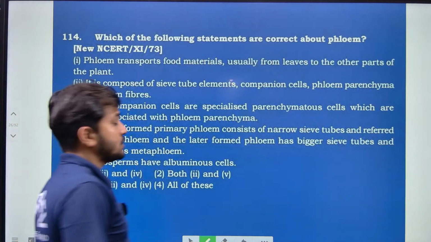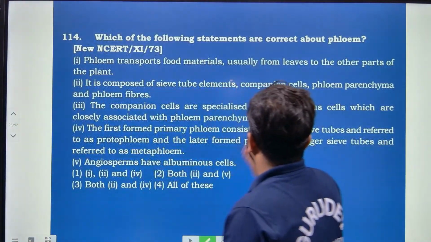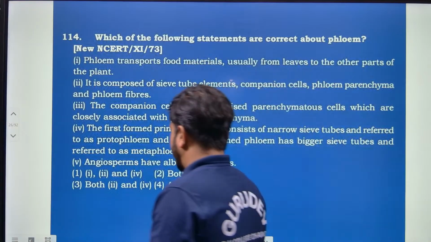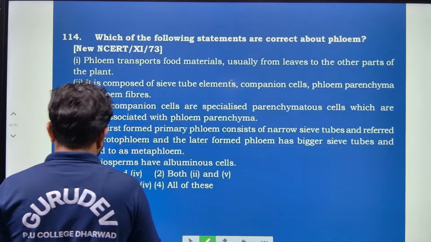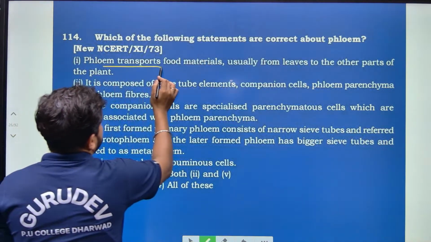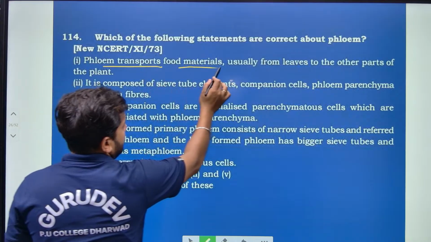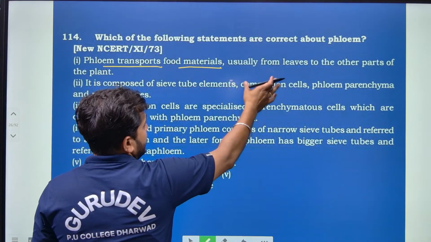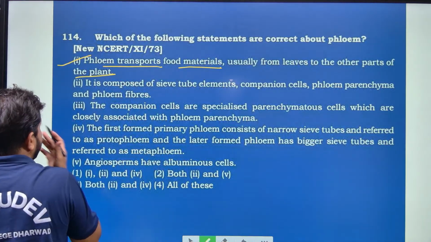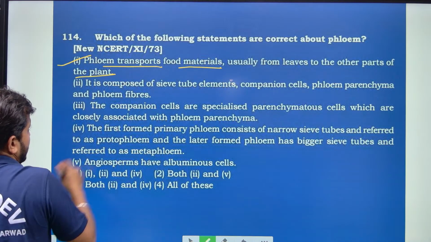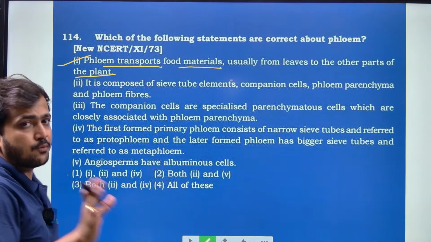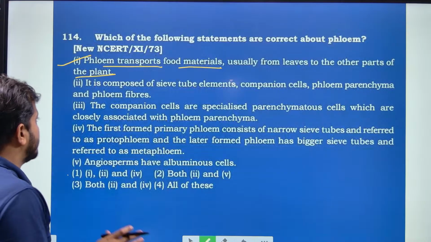Then the next question asks which of the following statements is correct about phloem. So we have to find which one is correct for phloem. Phloem transports the food material usually from the leaves to other parts of the plant. Because of that, phloem can be considered the food-transporting element.